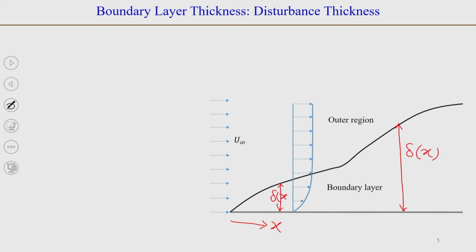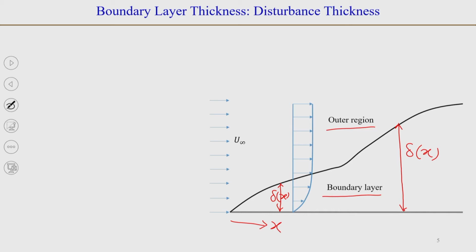Now, one of the things we will be interested in is to find out the thickness of this boundary layer, because the goal of boundary layer analysis was that we can solve potential flow in the outer region, and we can solve the viscous flows in the boundary layer.